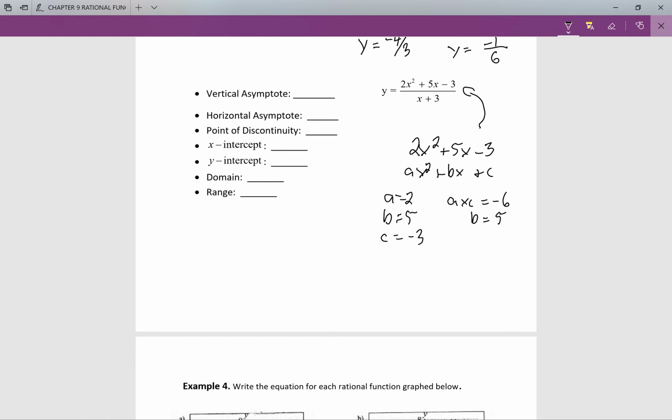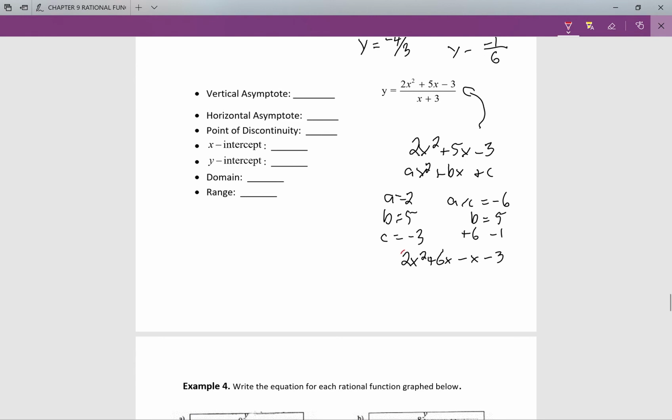Two numbers that multiply out to negative 6 and add up to positive 5 would be positive 6 and negative 1. I then break up my middle term, so I go 2x squared plus 6x minus x minus 3.